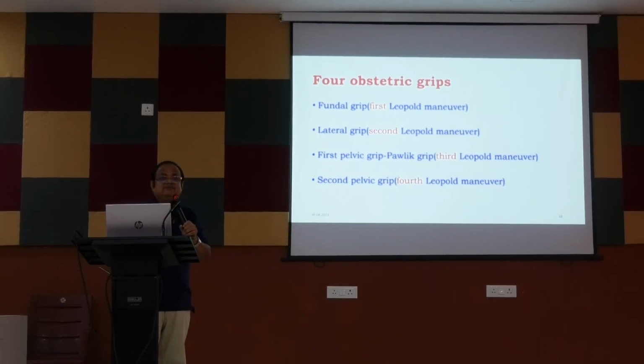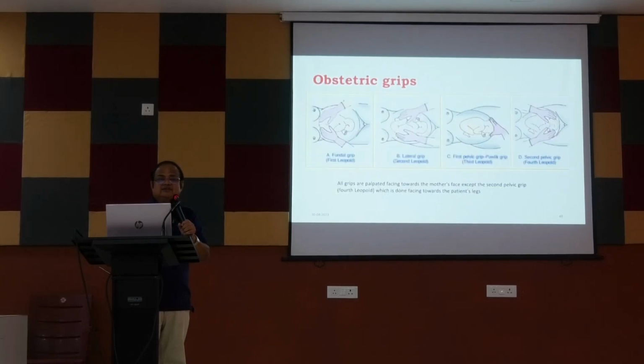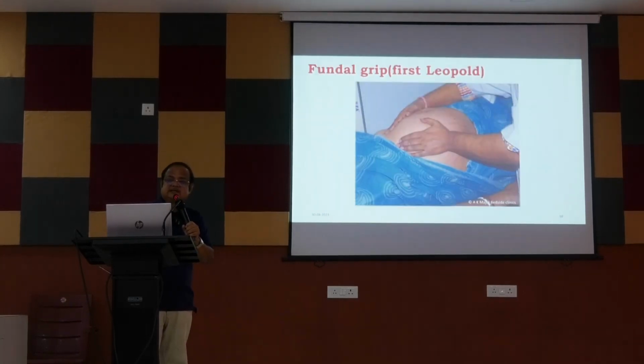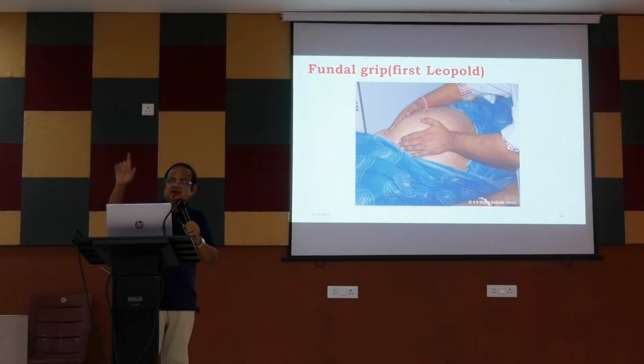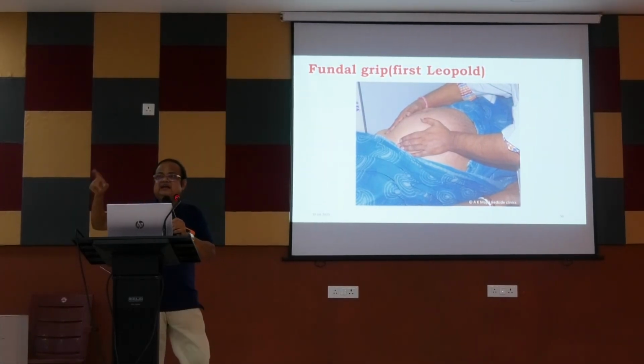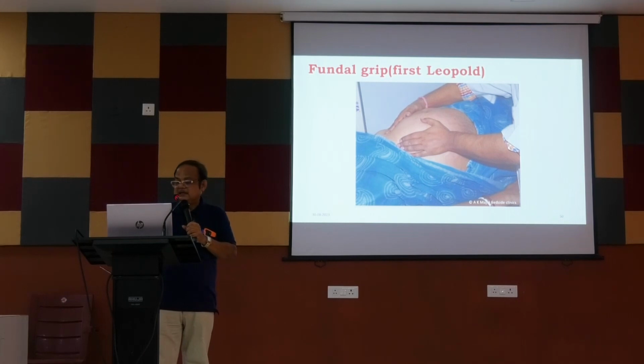Four obstetric grips: the fundal grip, the lateral grip, the first pelvic grip and the second pelvic grip. You all learned this in your clinical classes, just a revision for those who have done them.